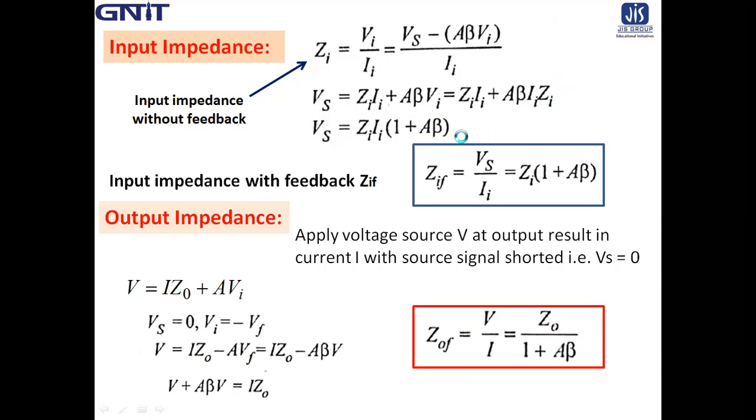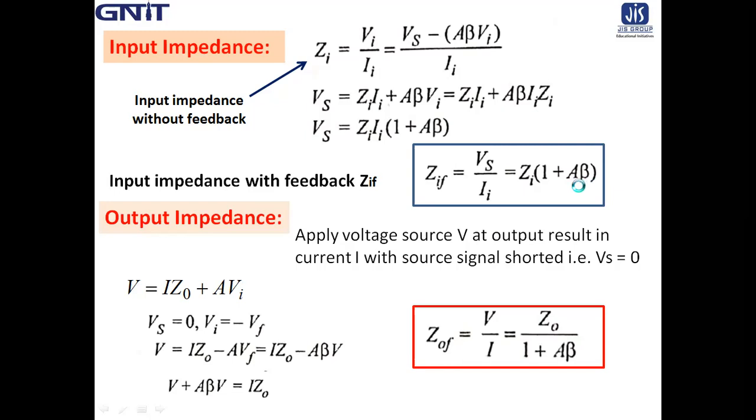Now, input impedance with feedback, say Zif, which is Vs by Ii, which is basically Zi from the earlier expression, Zi into 1 plus A beta.